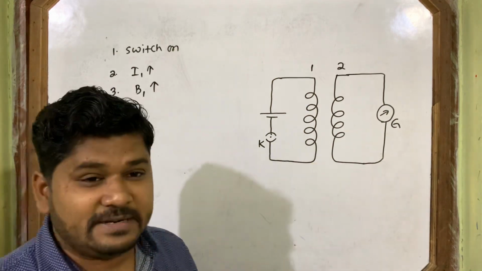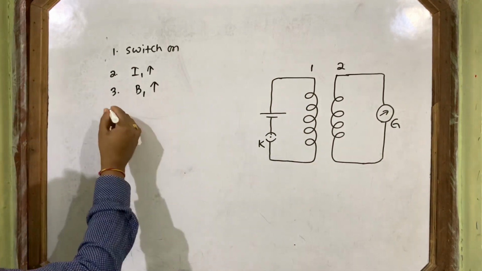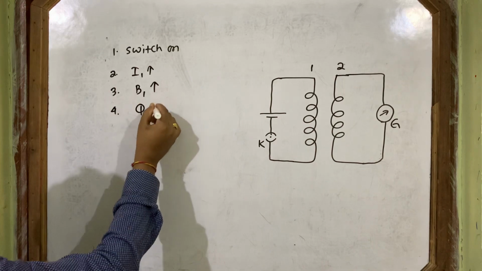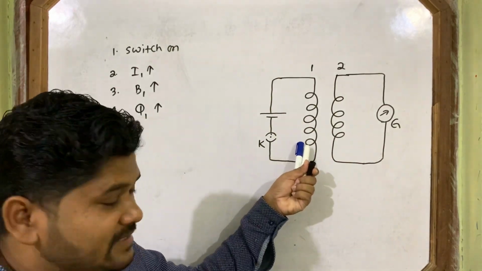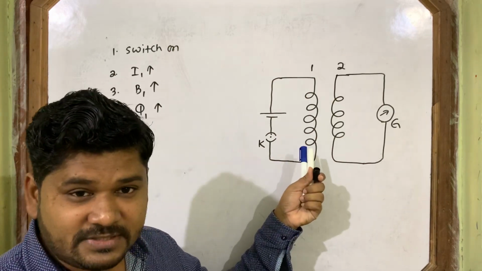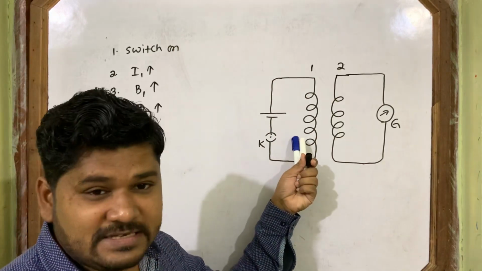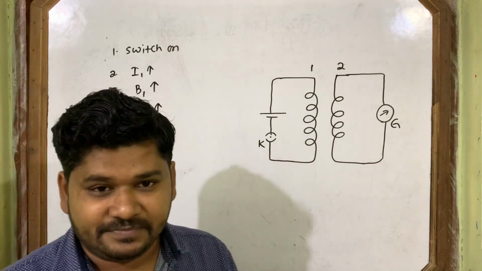When its magnetic field increases, the flux linked with itself increases. Its lines of force, the flux linked with it, increase.